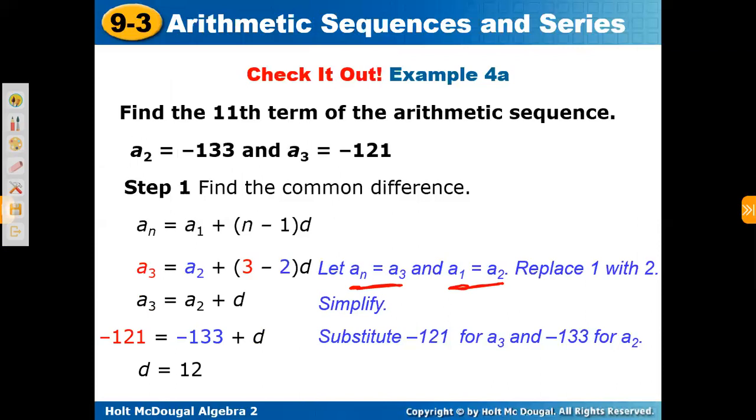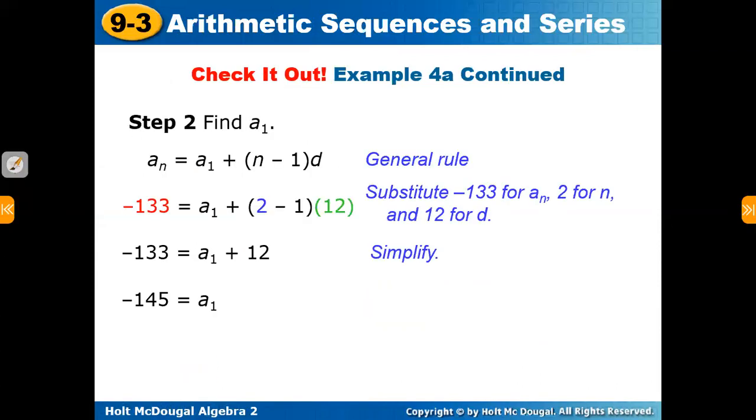And the A2 value is given to you. Just substitute that and find the value of D, which is 12. Then substitute this value in any equation, so A1 is minus 45.